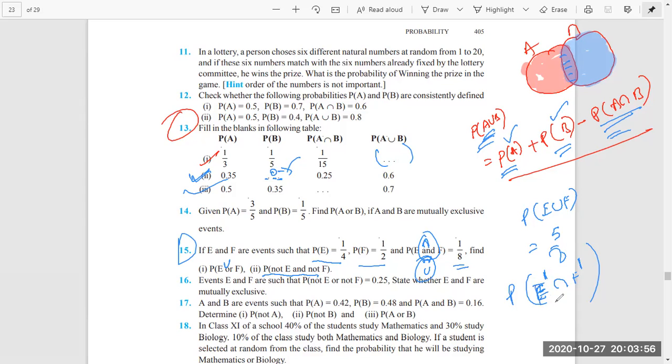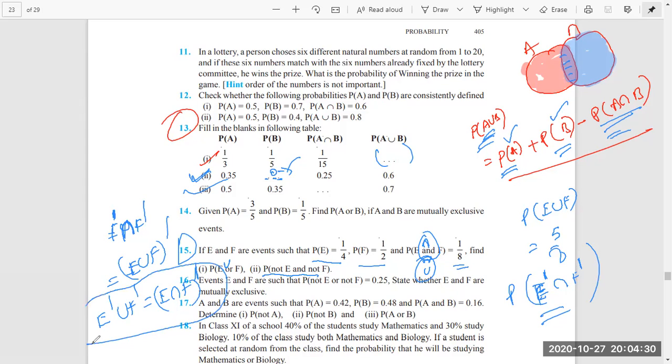Before doing this, there is a property: E complement intersection F complement is simply E union F whole complement. And E complement union F complement is E intersection F whole complement.